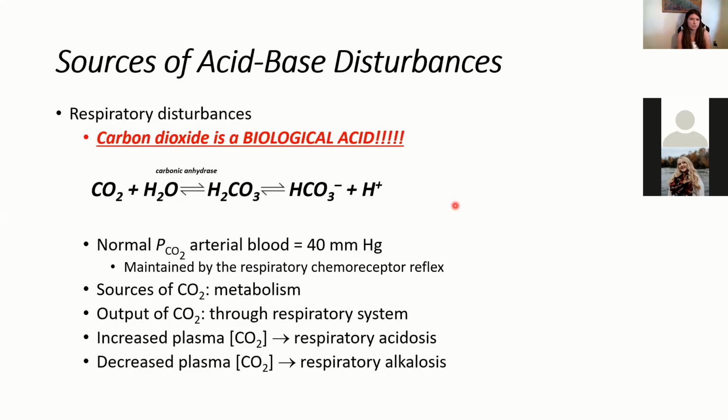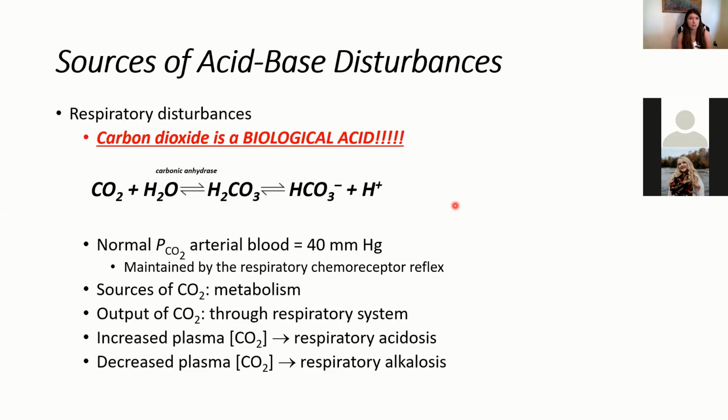So if we change much from our normal partial pressure of carbon dioxide in our blood, that's going to cause your respiratory system to kind of compensate. So if your respiratory system is functioning appropriately, that'll balance itself back out if the problem is carbon dioxide. Unfortunately, your respiratory system may not be working appropriately, so sometimes that chemoreceptor reflex isn't going to work.